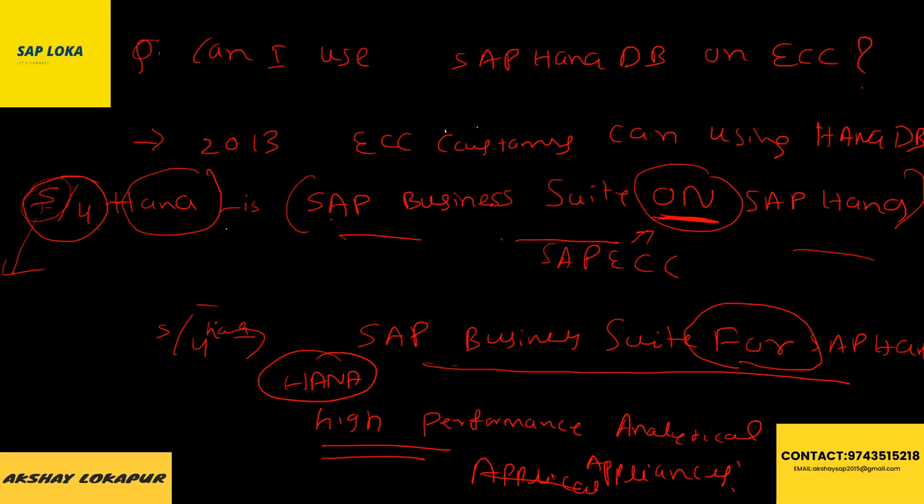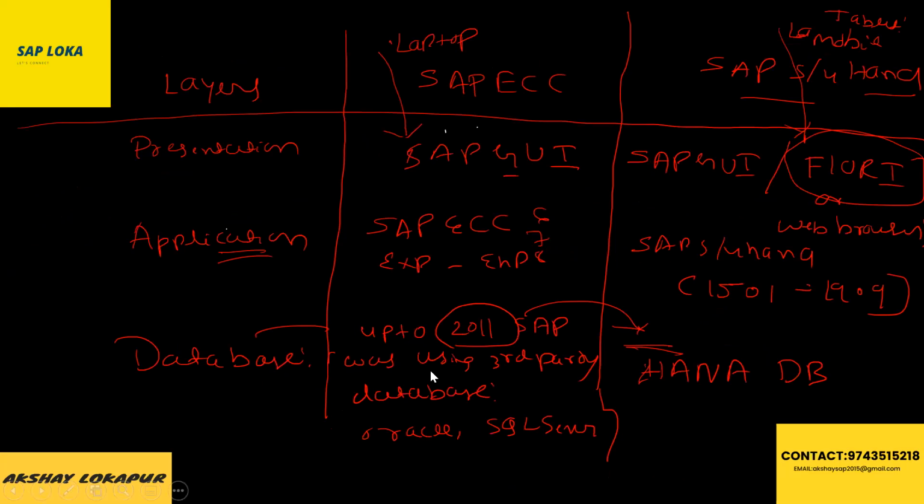So far any doubts? Akshay, can you explain one more time the SAP Business Suite on SAP HANA and for SAP HANA? Yeah, sure. As I told, in ECC earlier we used a third-party system for storing the data for the company. The data was stored in Oracle database, SQL database, on different servers. Once HANA is implemented, the whole company is running on ECC, but only the database we use is the HANA database.